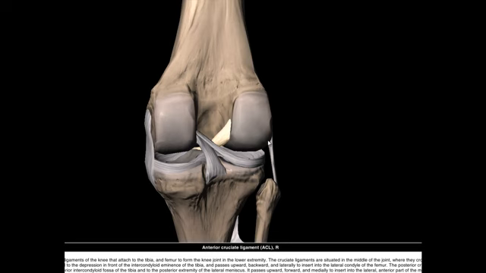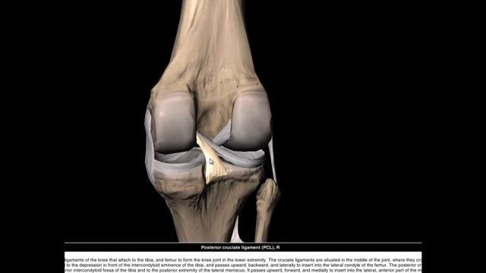Now the ACL checks again that anterior translation of the tibia on the femur, and it twists around. You can see here at its distal attachment, it winds around the posterior cruciate ligament. And that's what helps to check the lateral tibial rotation. And it carries about 87% of the load in anterior tibial translation.